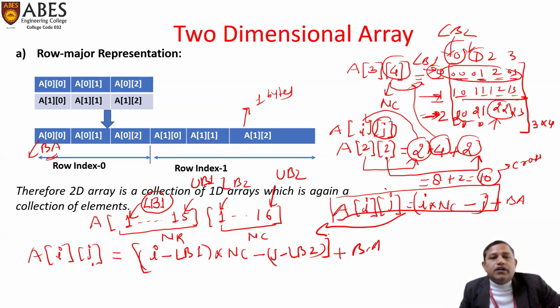If you have cell size of 1 byte, and the starting index of row is represented as lower bound 1, and the starting index of column is represented as lower bound 2. Similarly, now we can give a more generalized formula for the address.